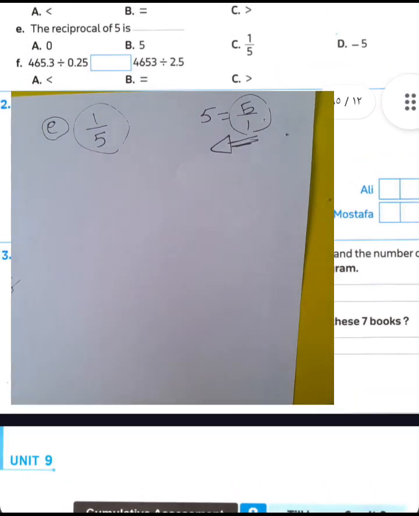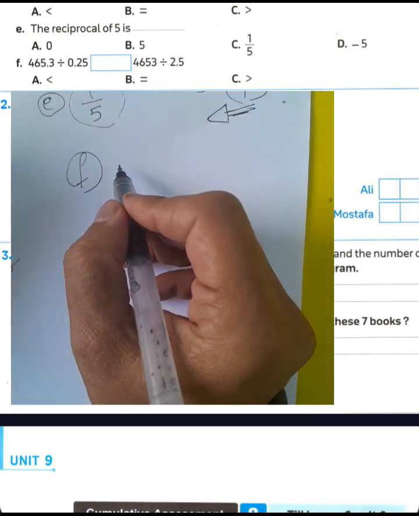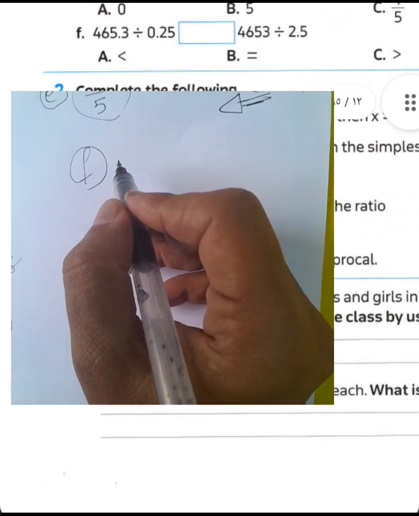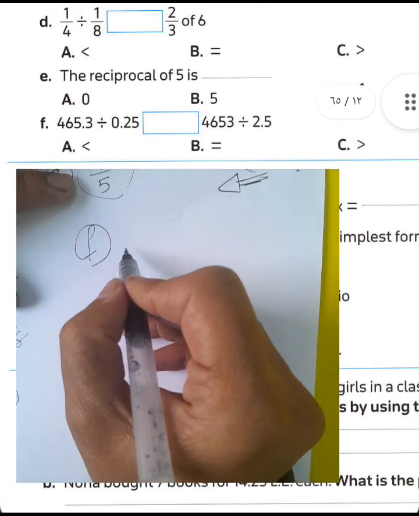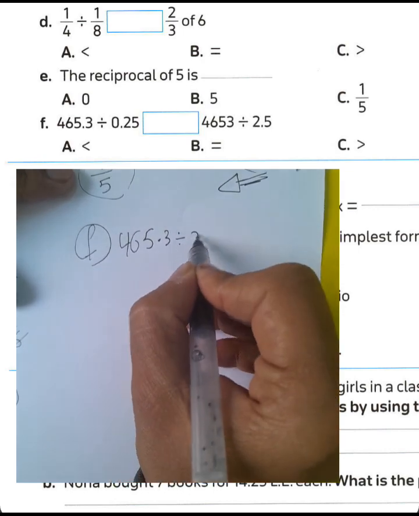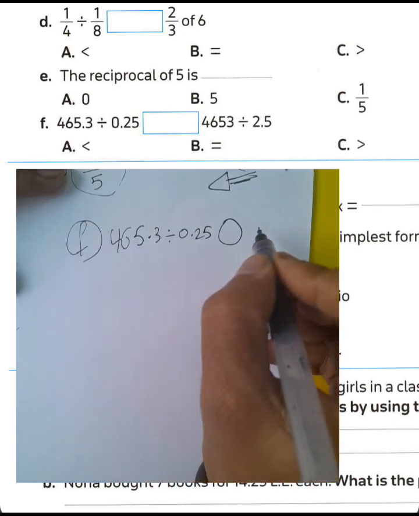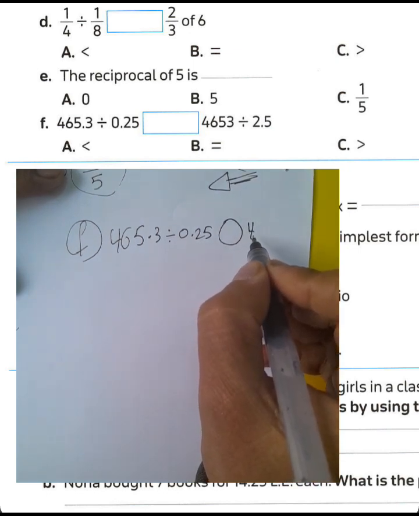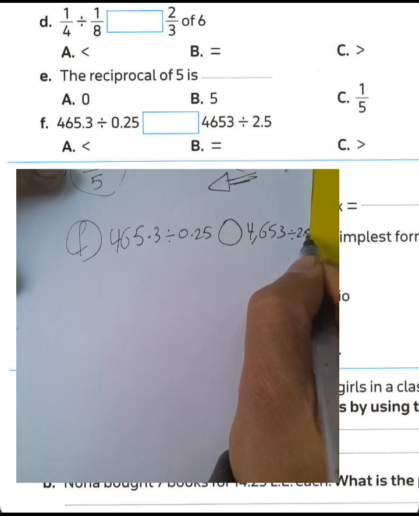Question letter F, comparing between two operations here. First one, 465 and 3 tenths divided by 25 hundredths, or 4,653 divided by 2.5.